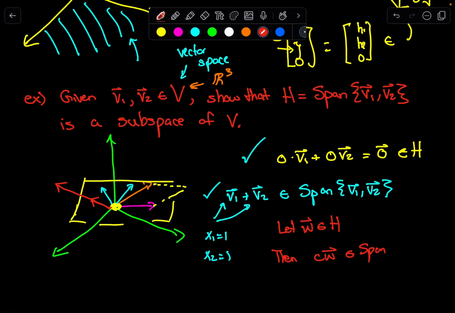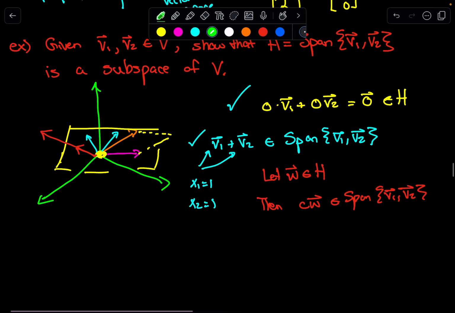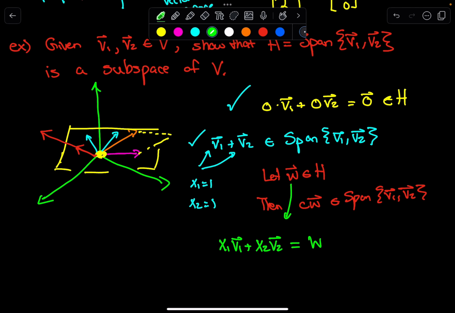This is going to be in the span of v1 and v2, because w, now how do you show this algebraically? Well, if w is in H, that means that there exist some x1 v1 plus x2 v2 that equals w.